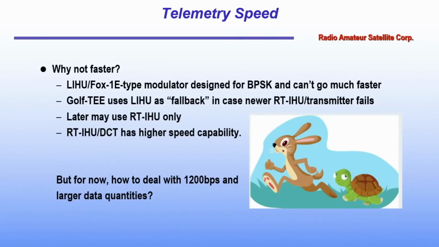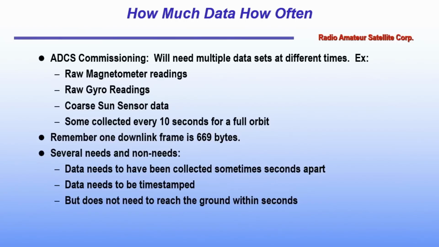So what do we do? How do we deal with 1200 bits per second and larger data quantities? So let's think about how much data we actually need to send.